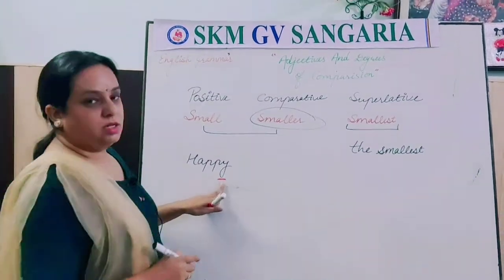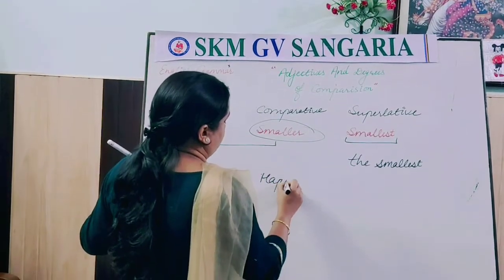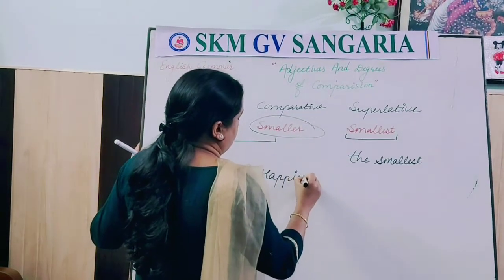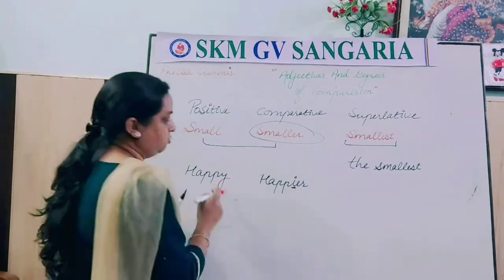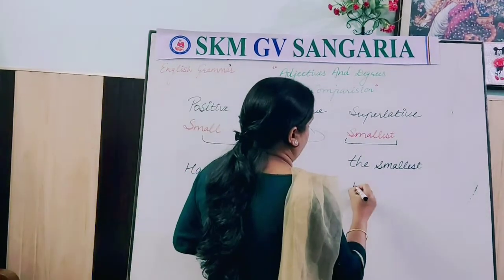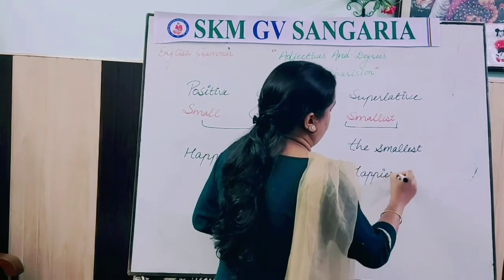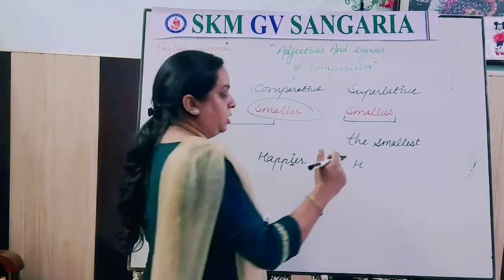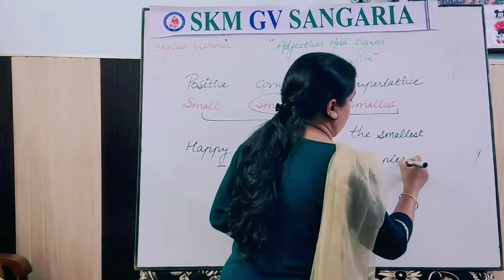If the last letter is Y, the next spelling would be H-A-P-P-I-E-R. We have to replace the Y. And the superlative degree will be the happiest. By mistake, I said happier.